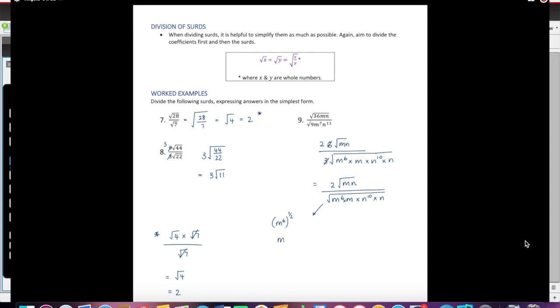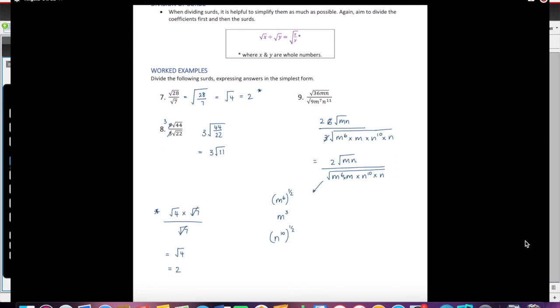And that'll leave me with m to the power of 3. And then n to the power of 10, and that's got a power of a half, so that'll simplify to n to the power of 5.